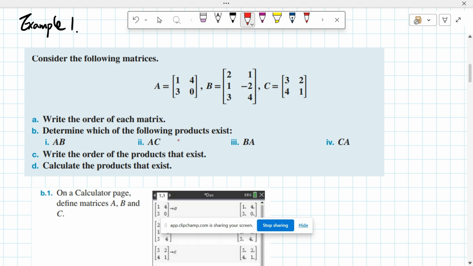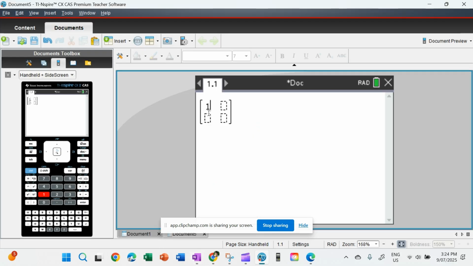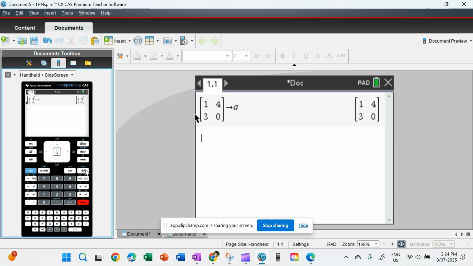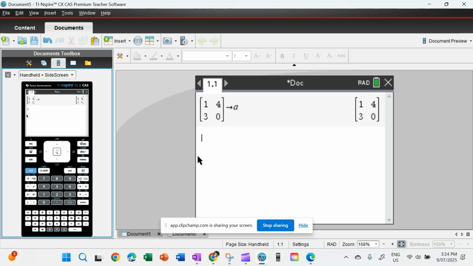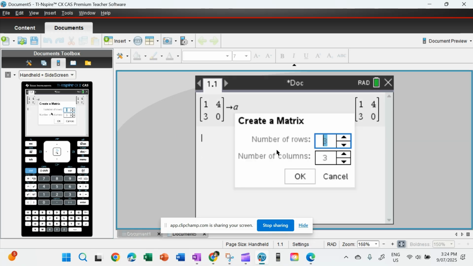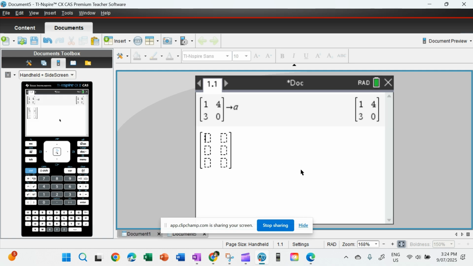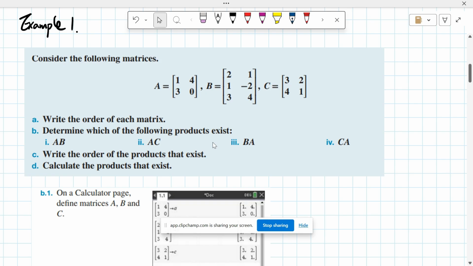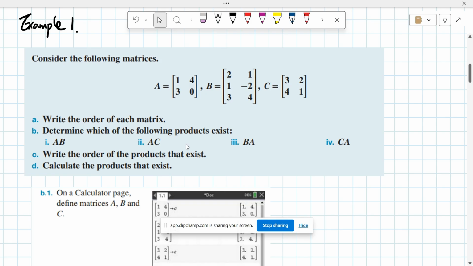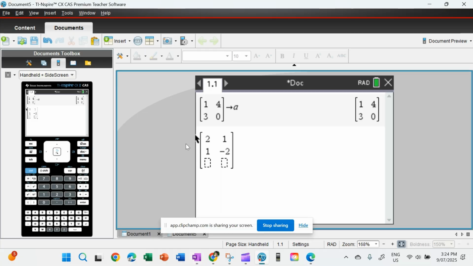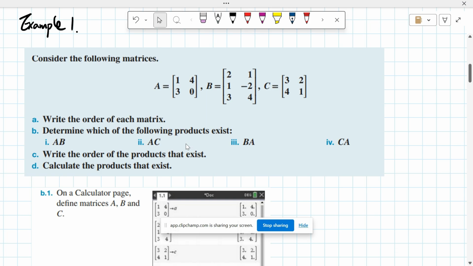If you have a 2 by 2, so 1, 4, 3, and 0, that is stored as variable A. If B is 3 by 2, you just write it down again as a 3 by 2 matrix: 2, 1, 1, negative 2, and 3, 4.